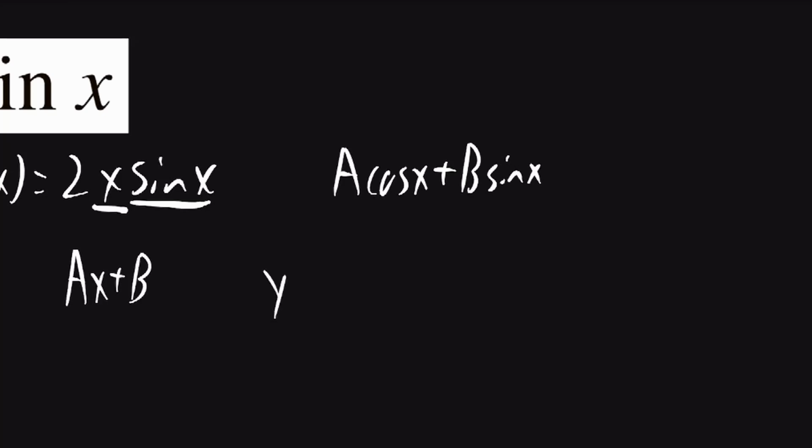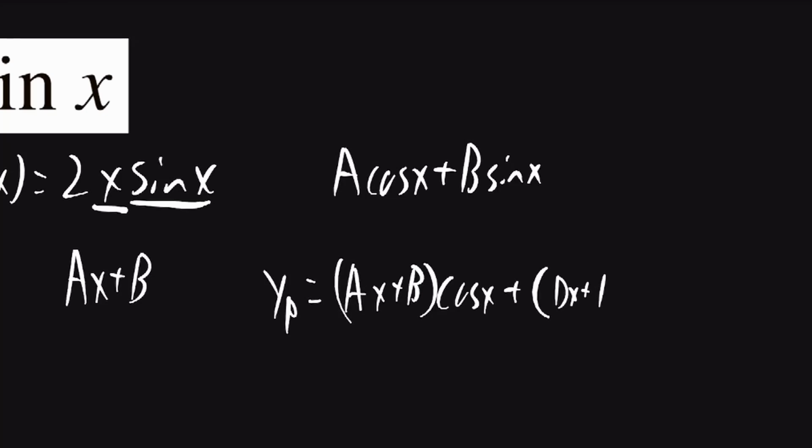We have to combine both of these into a yp. So yp will be equal to (ax + b) times cosine x plus, and we have to use some different coefficient variables, I'll use (dx + e) times sine of x.